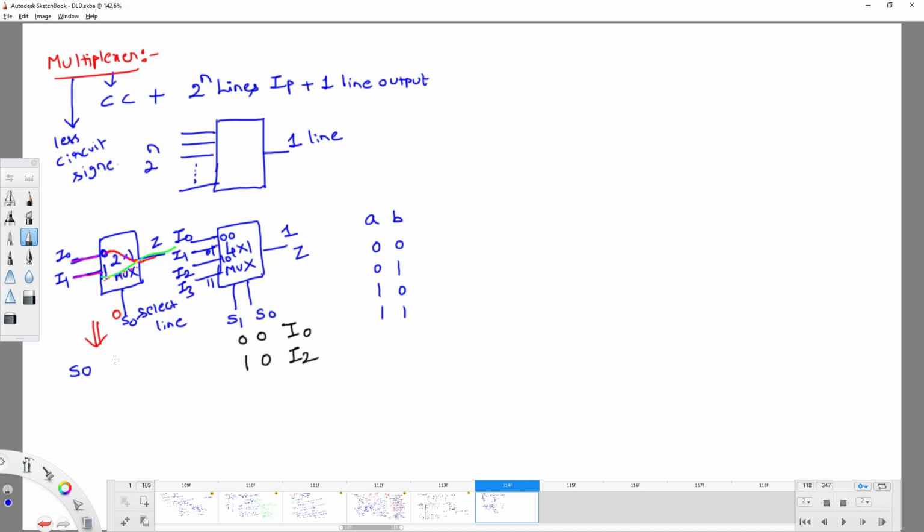When I give S0 as input, what is the respective output? If S0 is 0, the output is I0. If the input is 1, the output is I1. So this I can call the characteristic table.